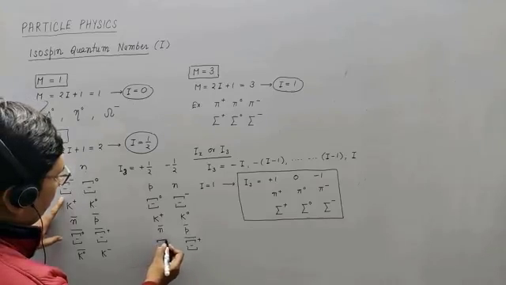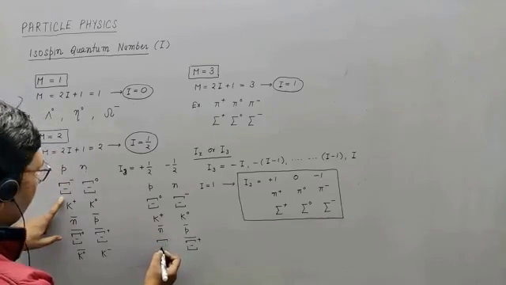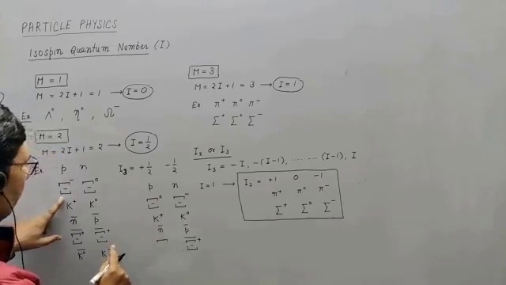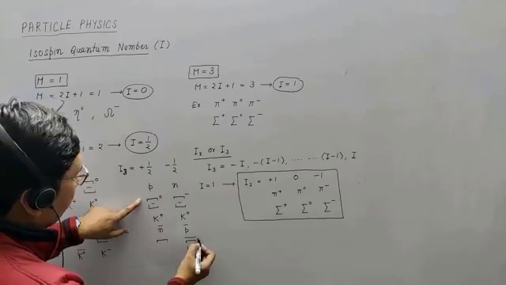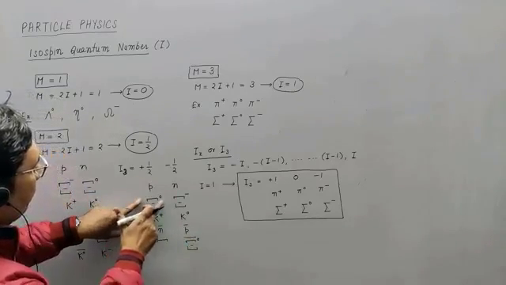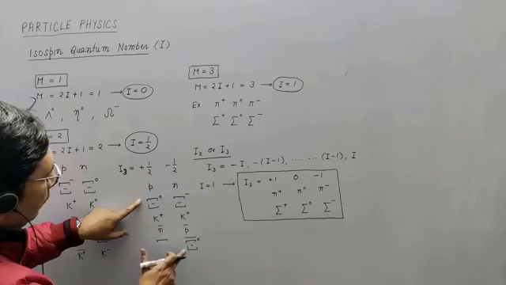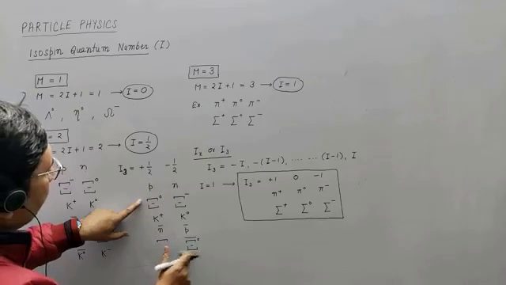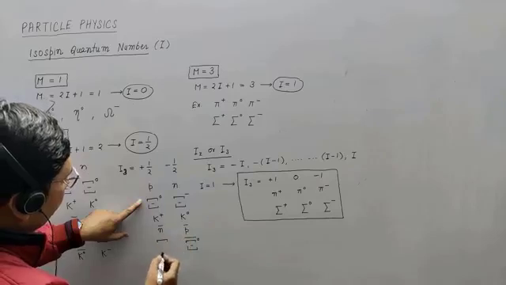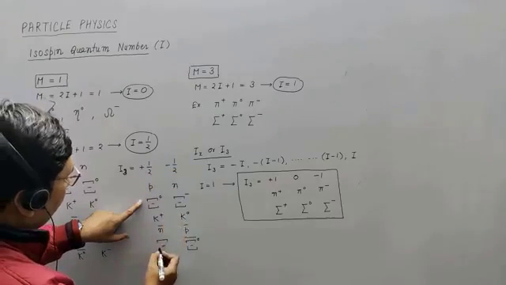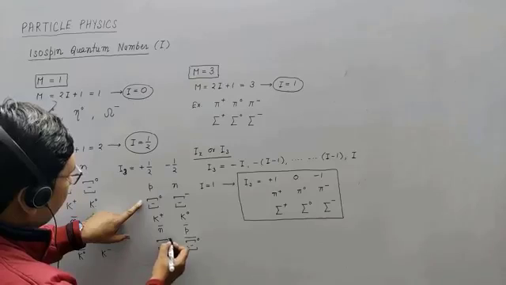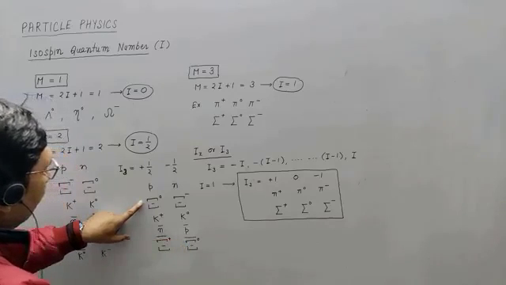And for this, no, this is cascade 0. For cascade neutral it is plus half, so for its antiparticle it will be minus half. And for cascade negative it was minus half, so for its antiparticle it will be plus half.